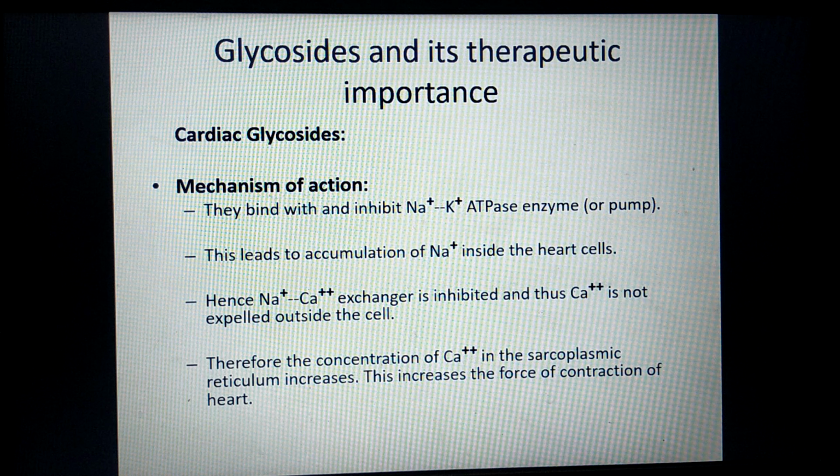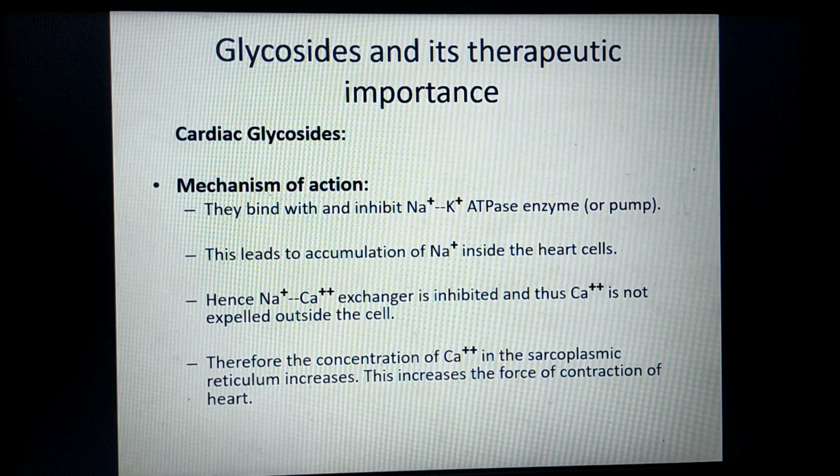But when the sodium potassium pump is inhibited, more sodium is accumulated inside the cell and no more sodium is able to enter inside the cell, because the concentration of sodium inside the cell is already high.